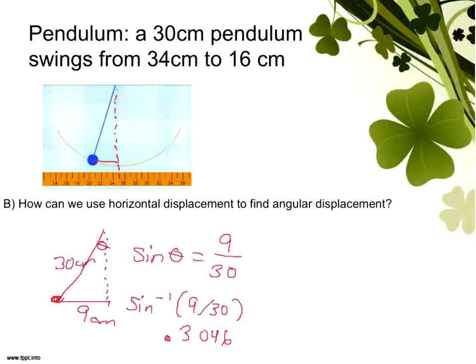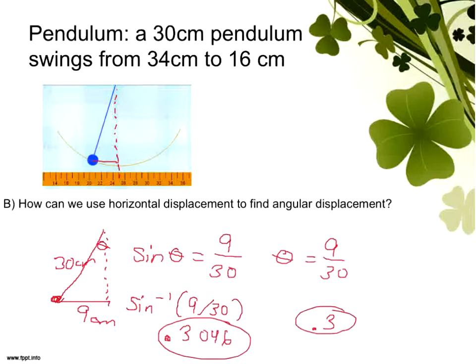But what that little formula was telling us before is that when theta is super small, sine theta is going to be the exact same as just theta. Meaning, if I don't even include the sine, if we just do 9 over 30, I get 0.3. Aren't these answers super close?